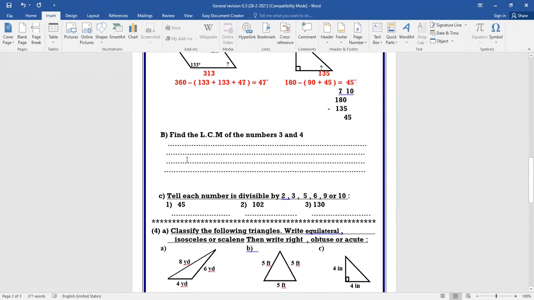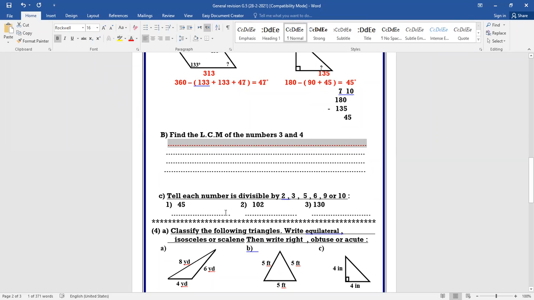Thank you, Malak. Okay, find the least common multiple of 3 and 4. Adi? Yes, mister. What are the multiples of 3? Write the table of 3 starting from 0.